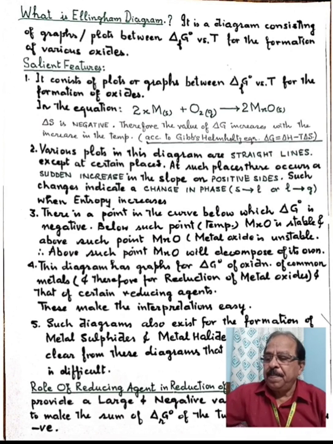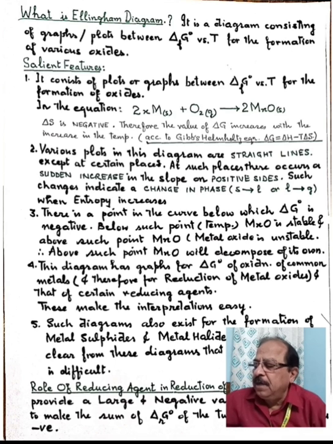Yes, students, now we have to understand what is Ellingham diagram. You can have a look on the Ellingham diagram given along with. You will see that it is a diagram consisting of certain graphs or certain plots.